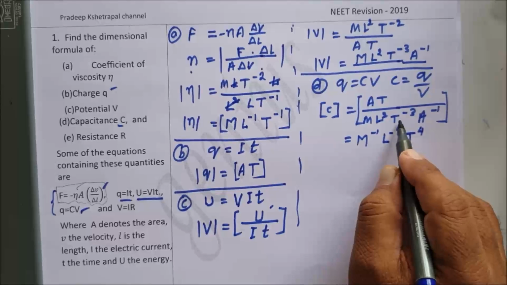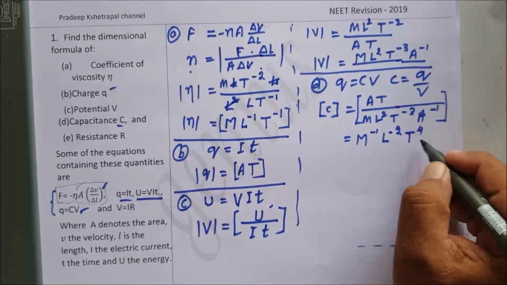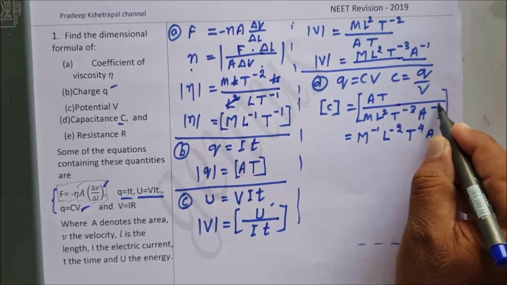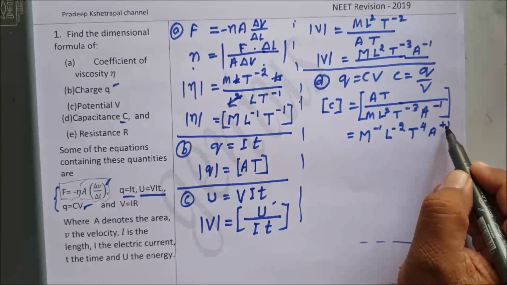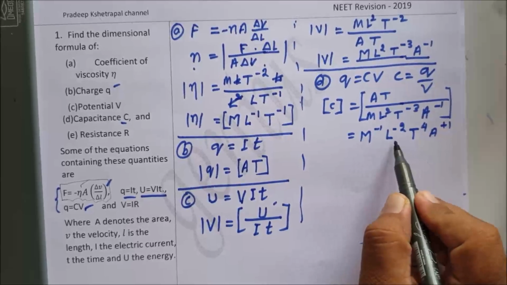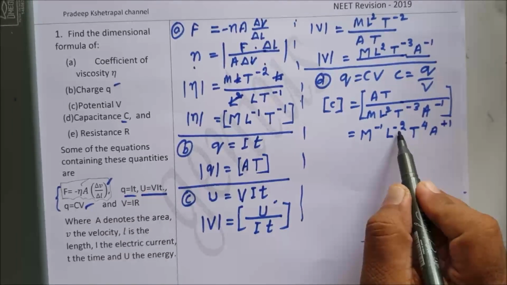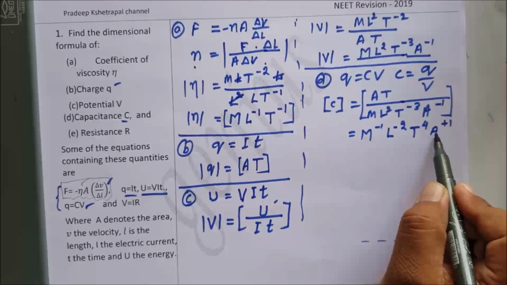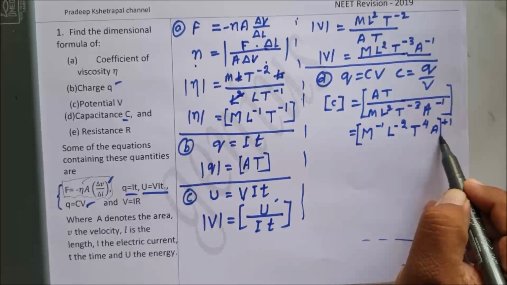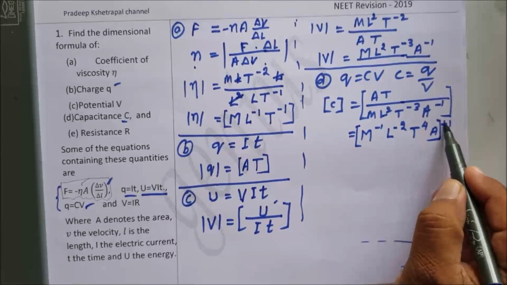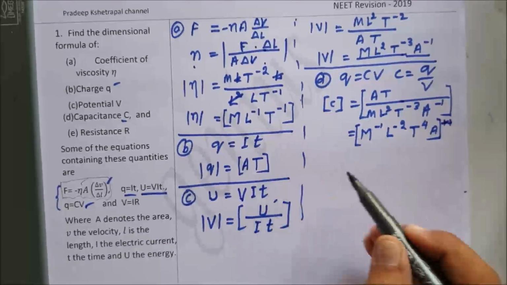So M minus 1, L minus 2, T to the power 4, and A has the dimension plus 1. These are the dimensions of capacitance. So this is our answer for D.